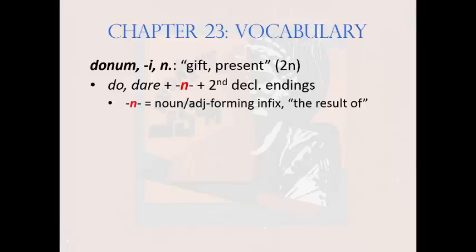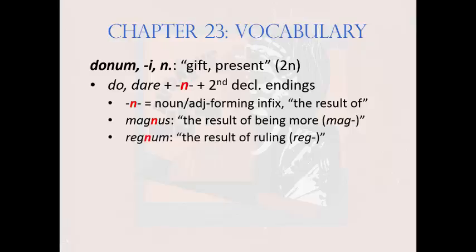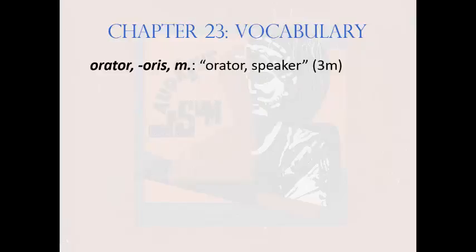It means "the result of," and can also be seen in magnus, great, literally the result of being more, mag, or regnum, kingdom, literally the result of ruling, reg. What's the accusative plural of donum? Yes, dona.